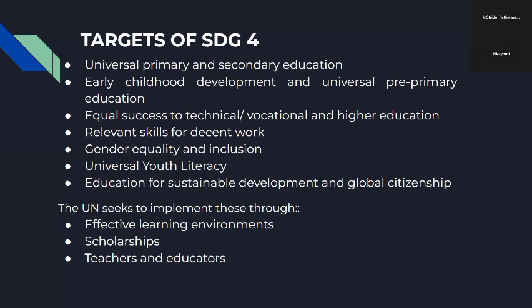So what the UN seeks to do is to create effective learning environments where you not only learn, you get results of what you learn. There is evidence to show for it.